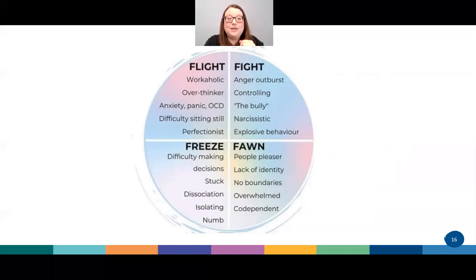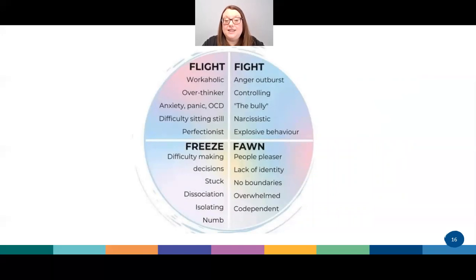People may also be considered to be in flight mode if they are overthinking, if they're experiencing a lot of anxiety and panic, if they're having OCD symptoms, even if they have difficulty sitting still or if they have perfectionistic tendencies. All of those could be an example of a flight response to trauma.